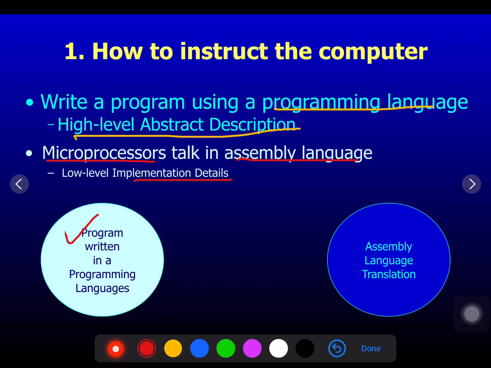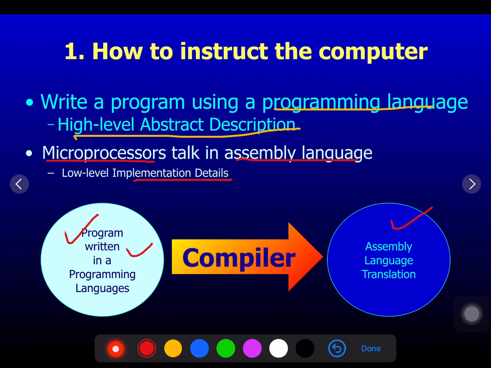There is a gap between a program written in high-level language and a program written in assembly, a low-level language. What fills that gap? The gap is filled by the compiler.